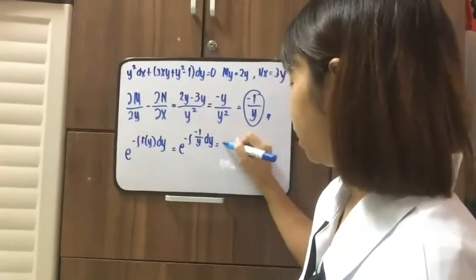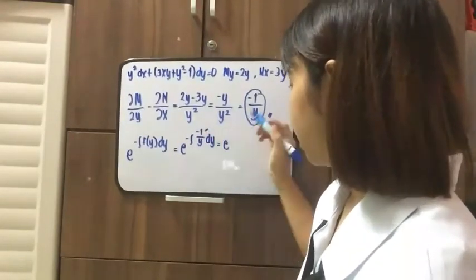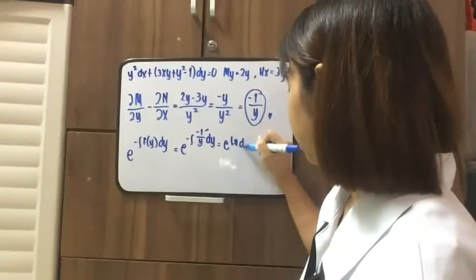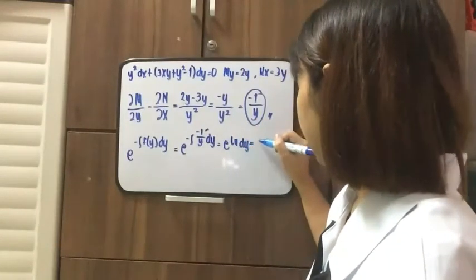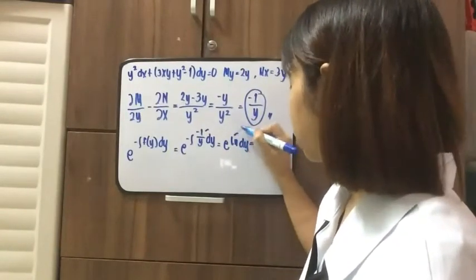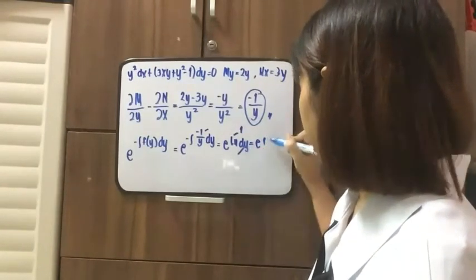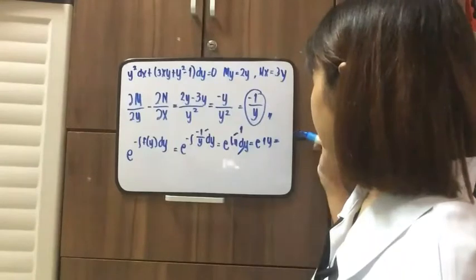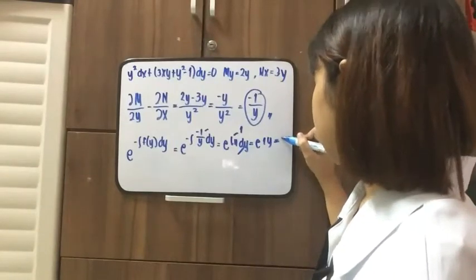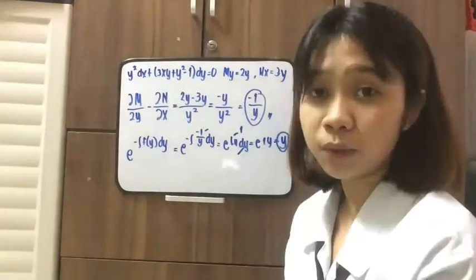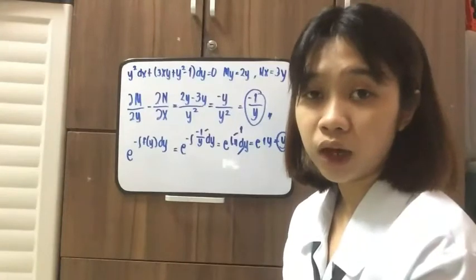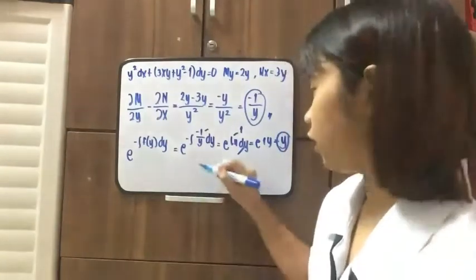Simplifying, this becomes e raised to ln y, and since e raised to ln y cancels out, this becomes y. So our integrating factor is y. Solving, we come up with y as our integrating factor.